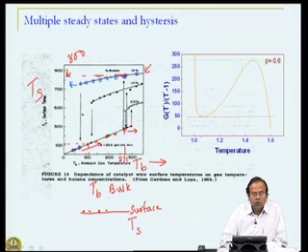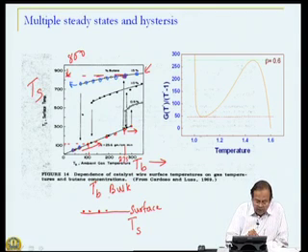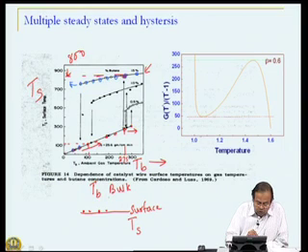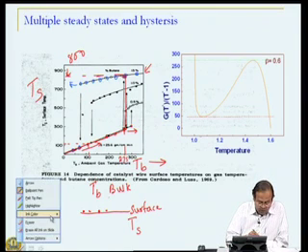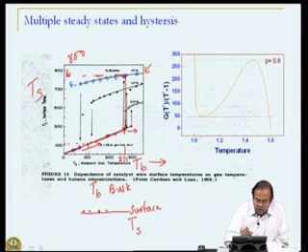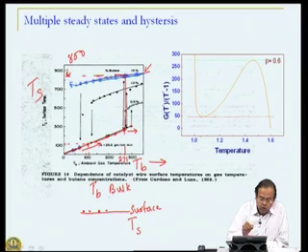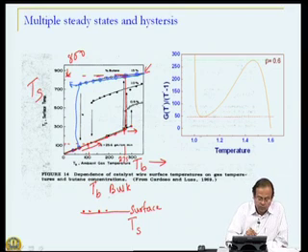In other words, as I kept on increasing my bulk temperature, I travelled along this line, my solutions were along this line. At some point the temperatures suddenly increased, and then as I kept on increasing the temperature, I followed this blue line. When I reversed the direction, that is kept on lowering the bulk temperature, I got this solution, and then suddenly temperatures dropped down.